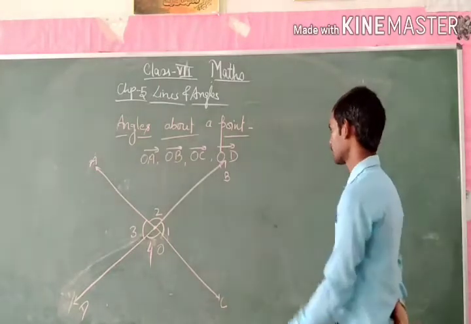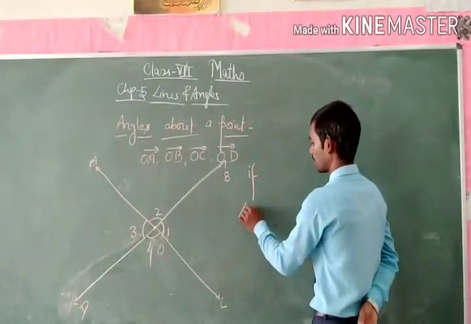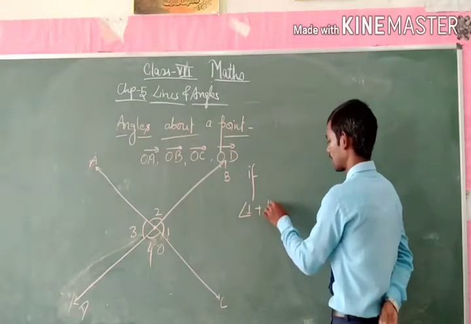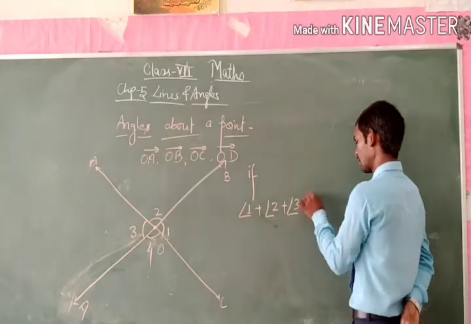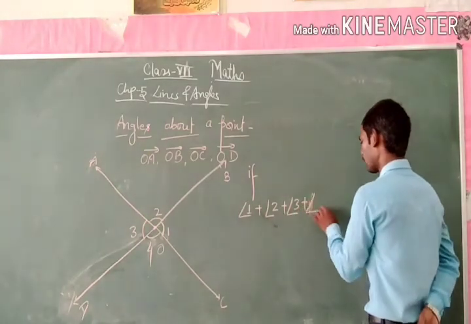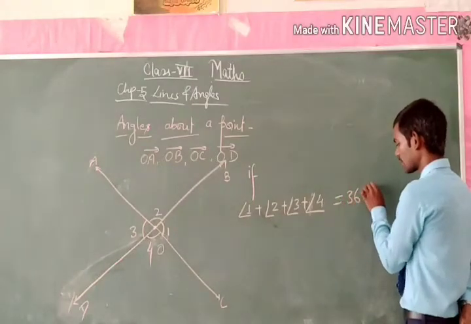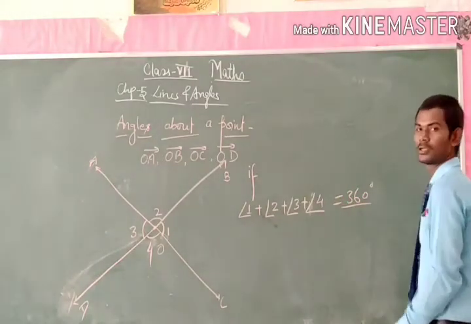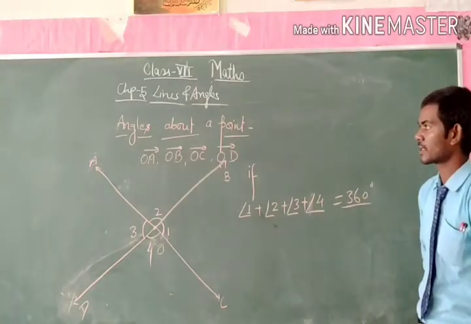Then if the sum of the measures of angle 1, angle 2, angle 3 and angle 4 is equal to 360 degrees, that means a complete angle, then we say that they form angles about the point.